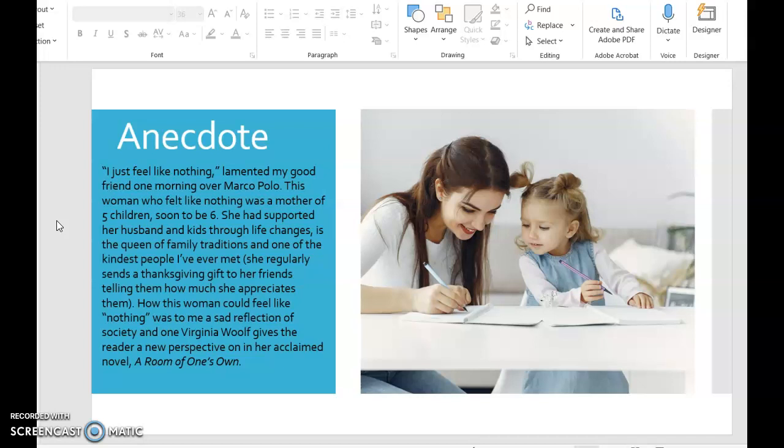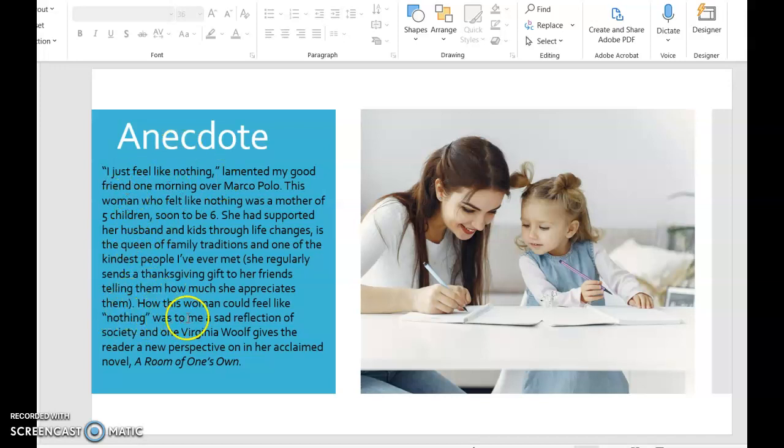So in this one, I'm telling a story about a friend I have who was having kind of a low moment and felt like she just wasn't really appreciated, or didn't have much value. And saying, you know, that's kind of crazy, right? And that's my hook here, this story up here.